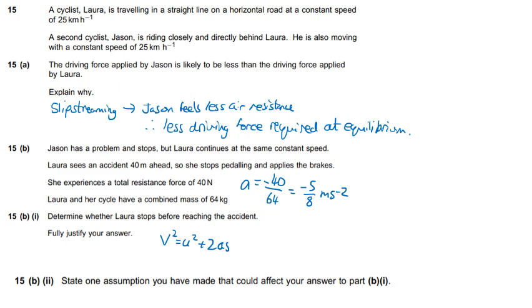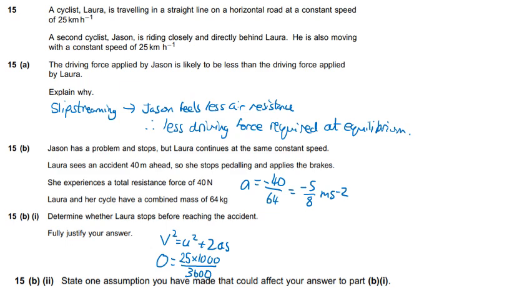Her final speed is 0. Her initial speed was 25 kilometers per hour, so that's 25 times 1,000 meters per hour. So if we divide that by the seconds in an hour, we get the amount of meters in a second.